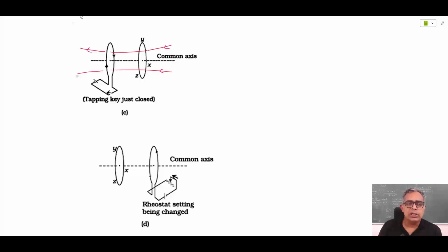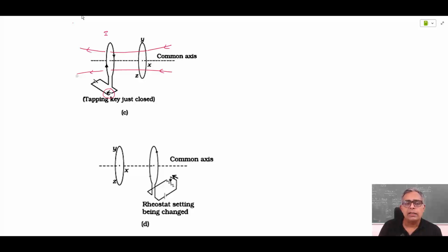So initially the magnetic field is trying to increase. As soon as the key is tapped, the magnetic field lines appear, meaning there is an increase in flux in this loop 1. Now the direction of the induced current that we have to find in this loop XYZ will be such that it will not let the flux increase.